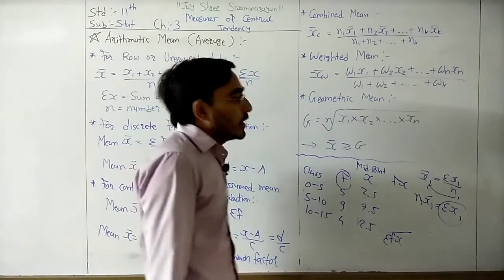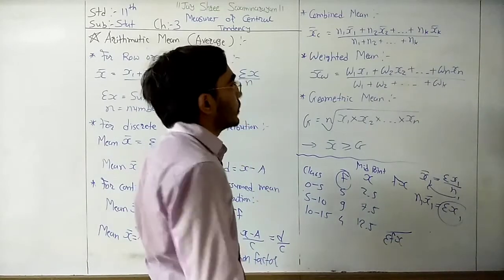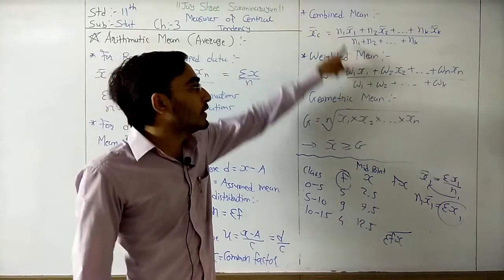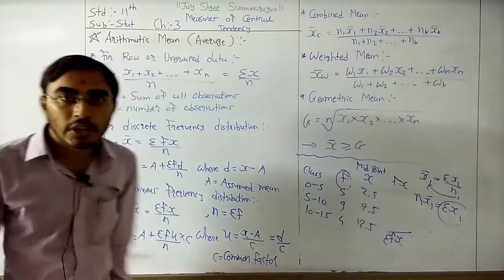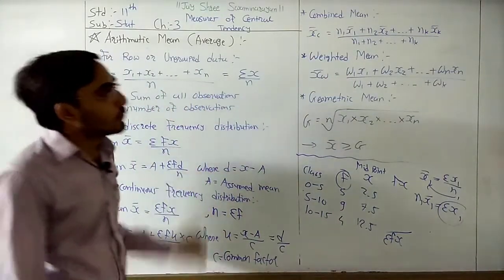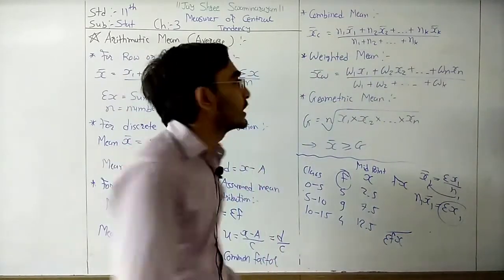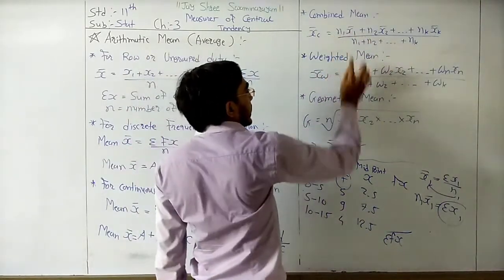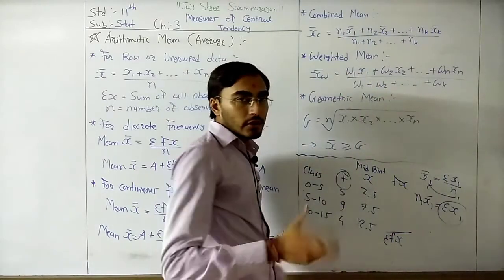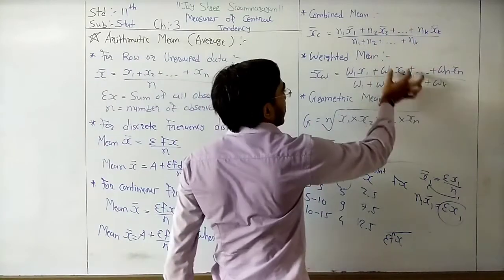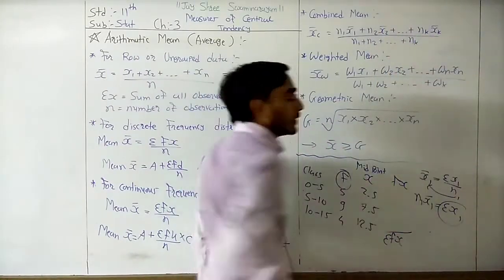If weightage is given to you, then in place of n you need to write w, weightage. So here n1 x1 bar, here w1 x1. Here bar is not there, only w1 into x1. Same way w2 x2, up to wk xk.